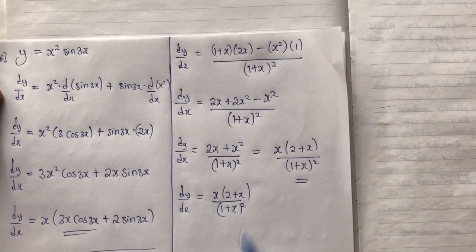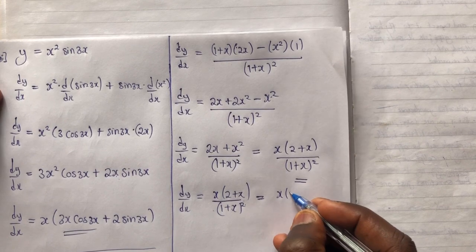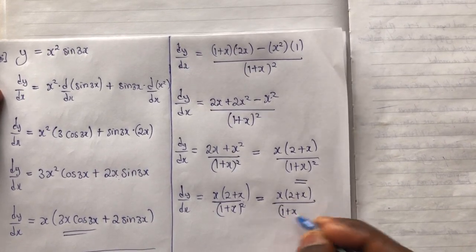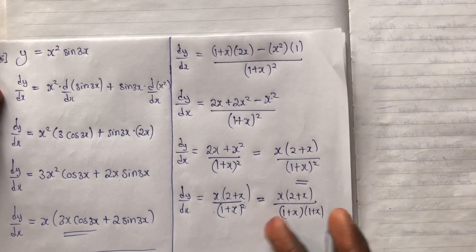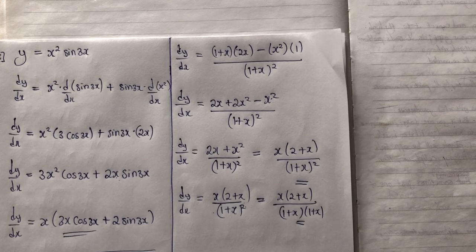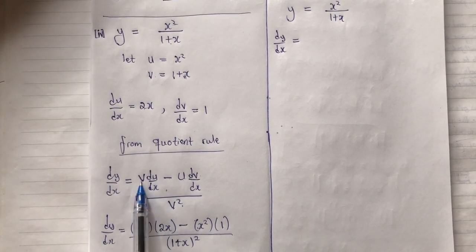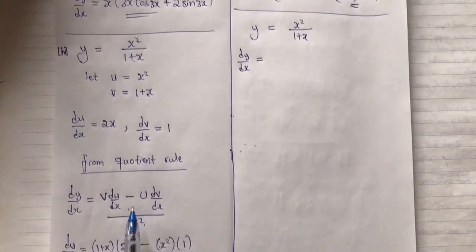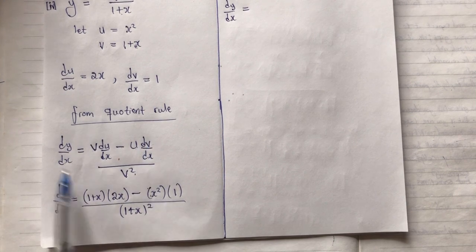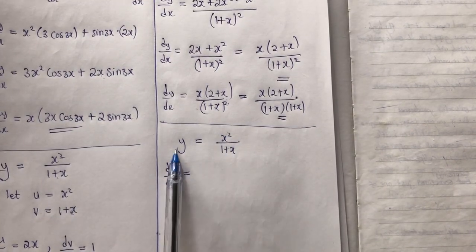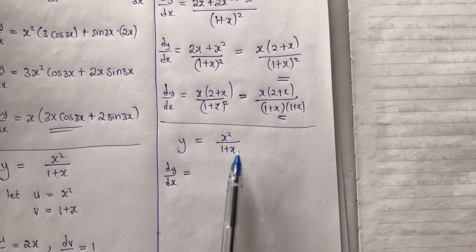You can rewrite this term by saying x out, 2 plus x out of 1 plus x, 1 plus x, or you can expand it. So I'll just leave it here. And this is the quotient rule. So if I don't want to use the variables v and u as I did here, I can use the straightforward method by applying this same formula by saying that this is the function y equal to x squared over 1 plus x.